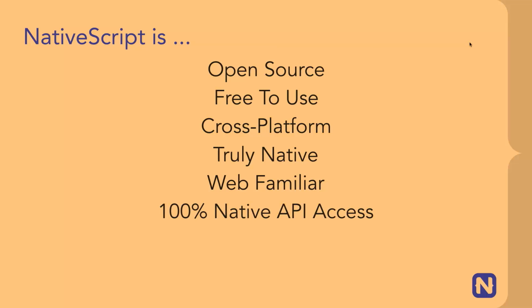One thing that distinguishes us from React Native, for example, is that we provide 100% native API access through JavaScript. So basically, when there is a new version of Android or iOS, you can use it right away. You can access all the native APIs.